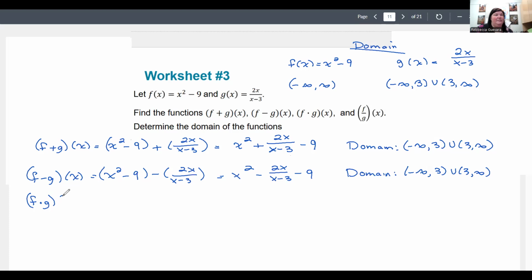F times g, well, we'll have x squared minus 9, and then we'll have 2x over x minus 3.